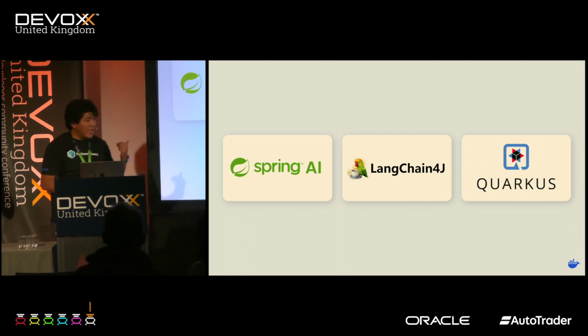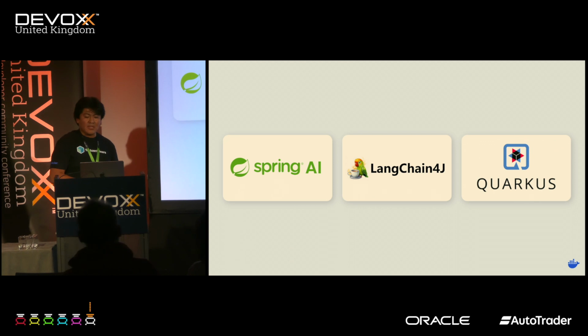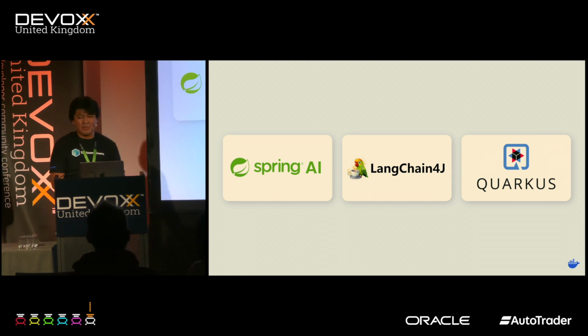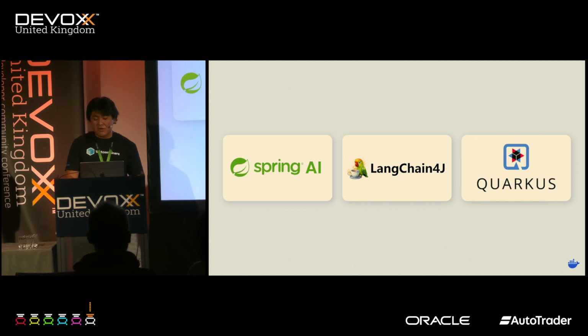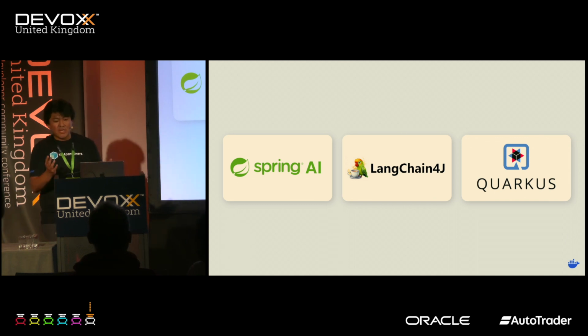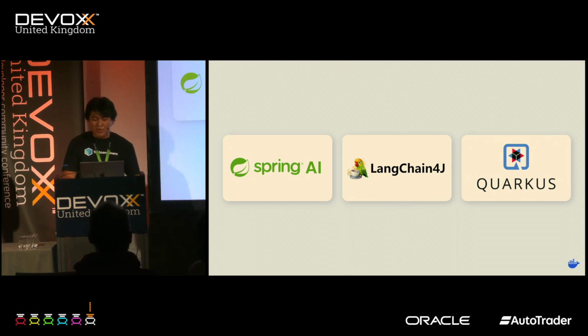LangChain4j is another very popular library that also has many integrations with vector stores and different models. And we have Quarkus, which is integrated with LangChain4j to do that. So if you are using any of those libraries, then you will be in the GenAI world as well.